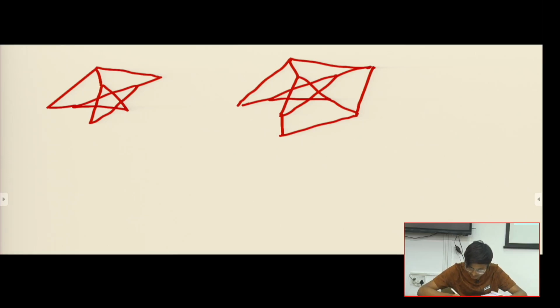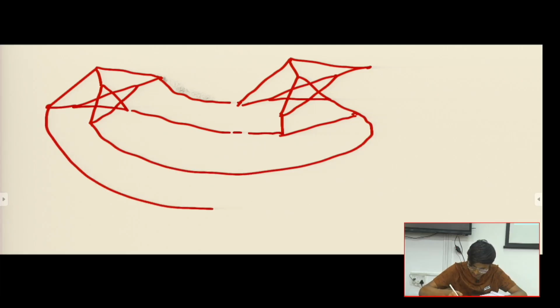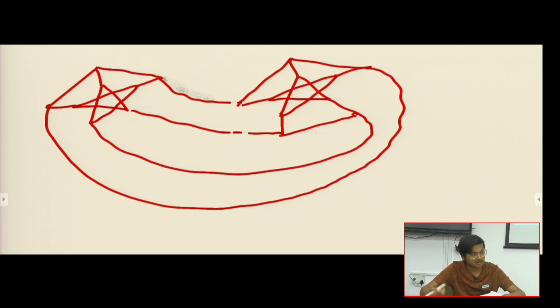So let's say this one and this one, and I will just connect them. So this with this, this with this, this with this, and this with this. Yes, just the construction.